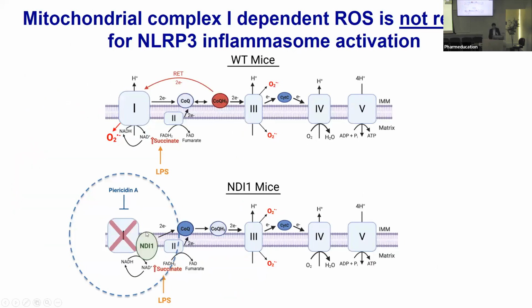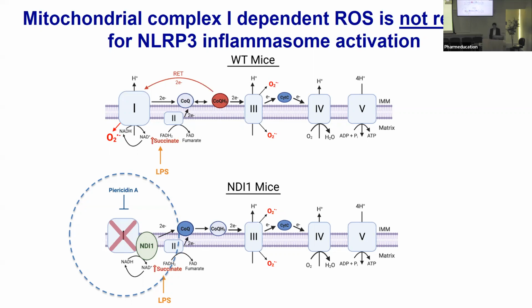When you give pyrsidin, you block complex 1 from doing reverse electron transport and making superoxide. The biochemists like myself have shown this in many in vitro assays, but the presence of NDI1 just moves everything in the forward direction, and you rescue everything. So it doesn't seem like complex 1-generated superoxide is an input.